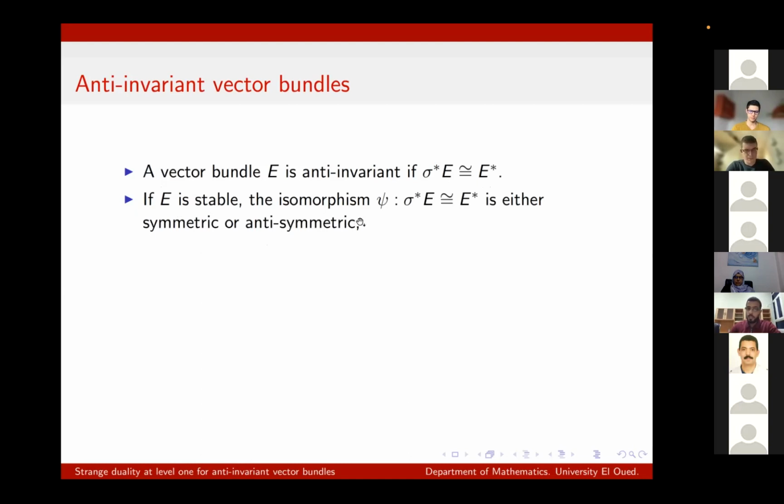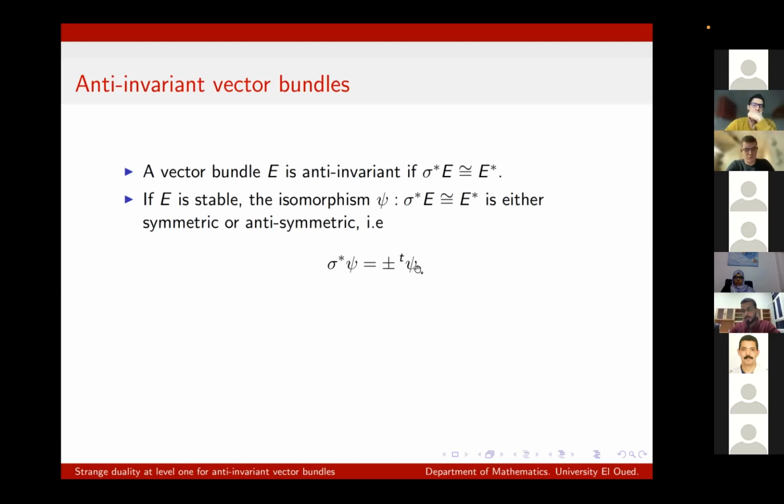So you can directly deduce that this isomorphism is unique up to multiplication by some scalar, and so it is either symmetric or anti-symmetric, in the sense that when you pull it back, you get either the transpose or minus the transpose.